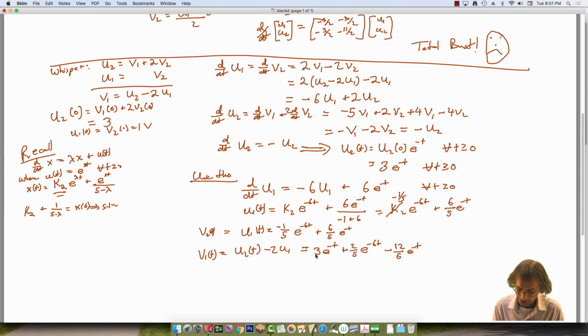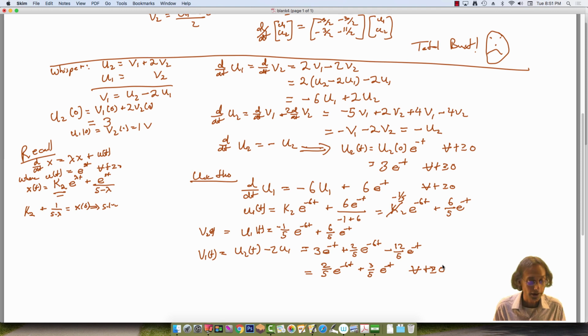Now, what is this? This is 15/5 minus 12/5. This is going to be 2/5 e to the minus 6t plus 3/5 e to the minus t. And notice this agrees with the initial condition. At t equals 0, this is equal to 1. Again, this is for every t greater than or equal to 0.